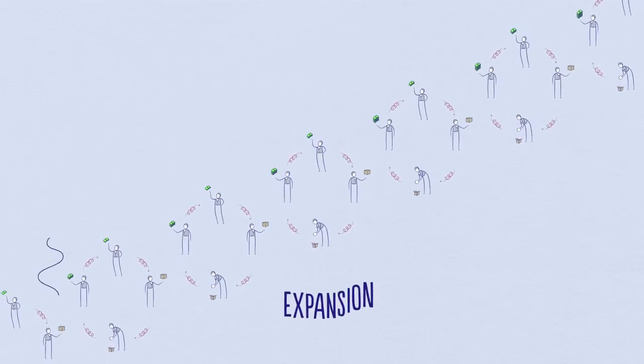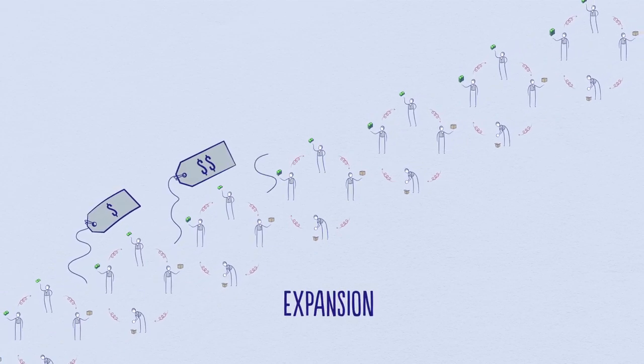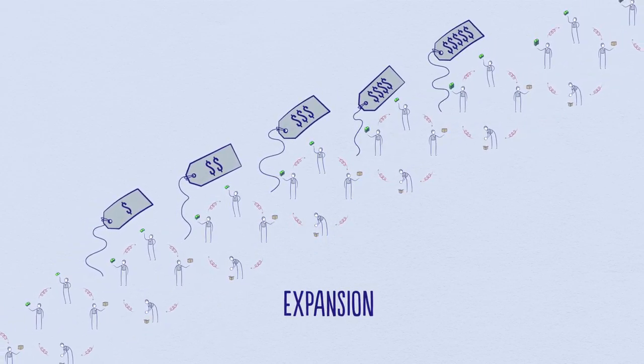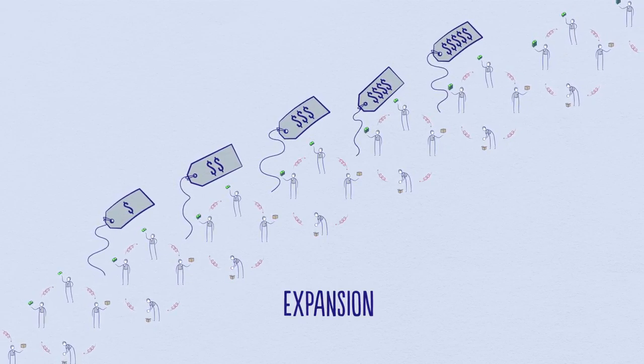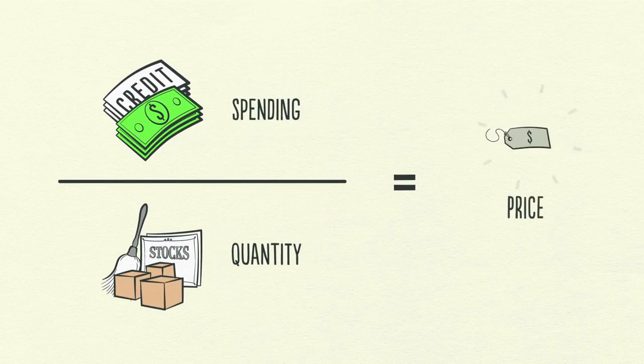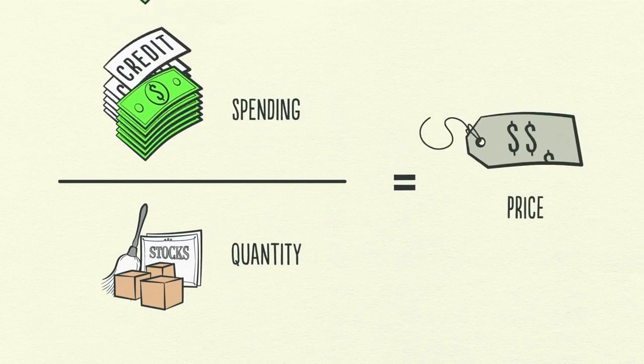As economic activity increases, we see an expansion, the first phase of the short-term debt cycle. Spending continues to increase and prices start to rise. This happens because the increase in spending is fueled by credit, which can be created instantly out of thin air.